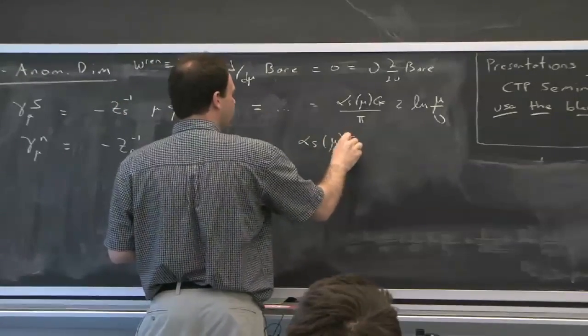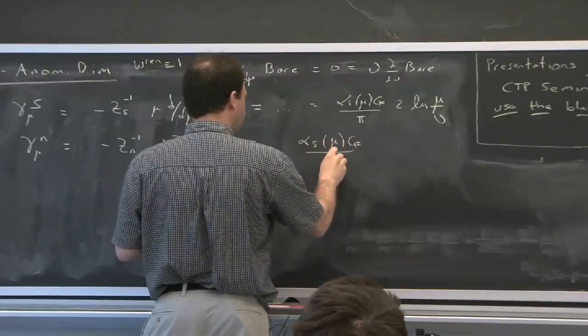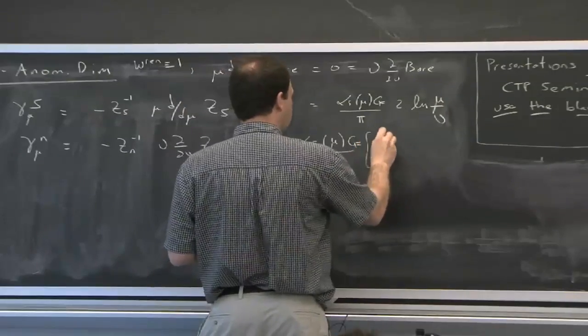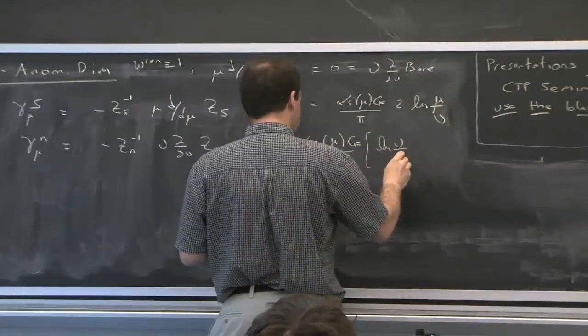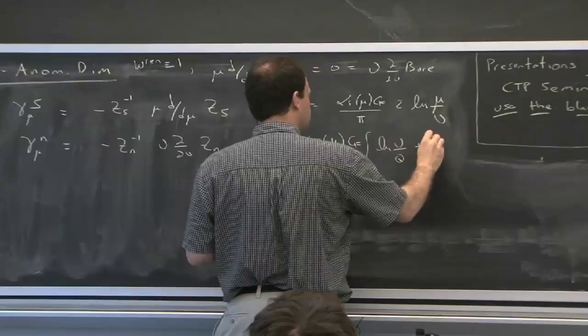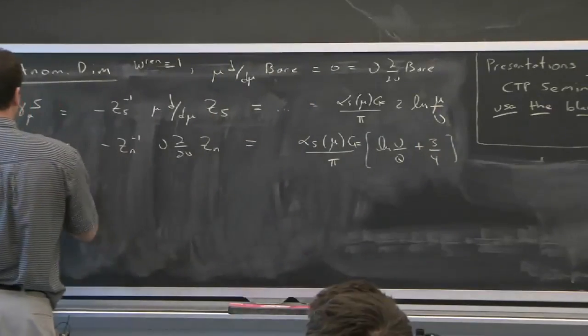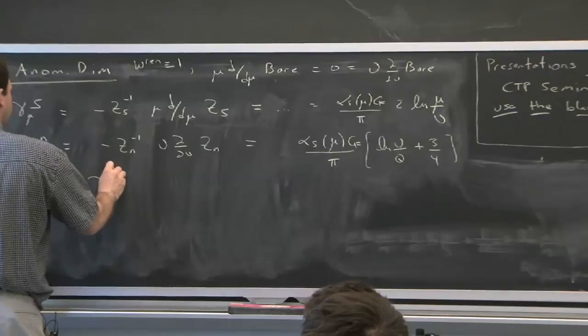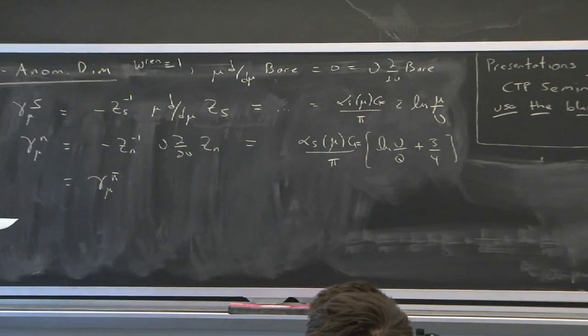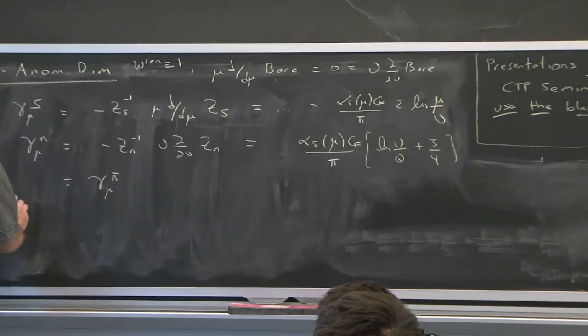So likewise for the other case, for the collinear, and this is actually the same as gamma mu n bar.